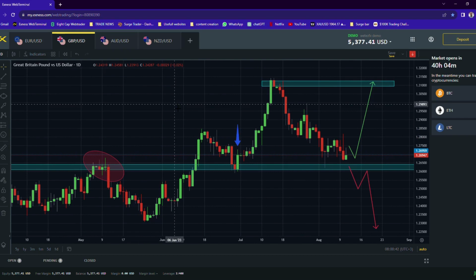This is only visible in the 1 day chart, but if you go down to the 4-hour chart and the 1-hour chart, there were some clear buy entries right there to the upward side, and it really created a very big impulse move which ran a very good amount of pips.